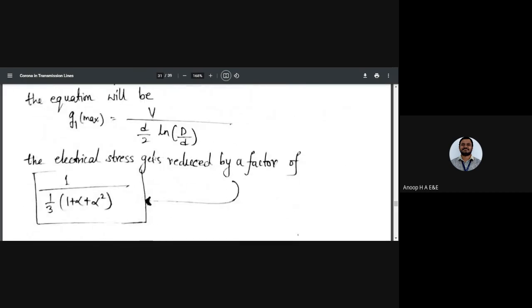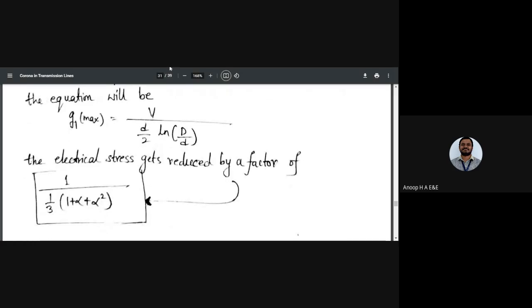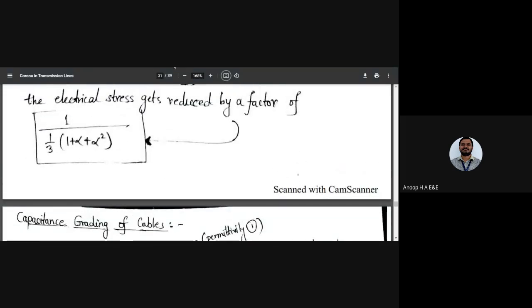If the intersheaths are not used, G1 max will be equal to V divided by d by 2 ln of capital D by d, and the electrical stress is reduced by a factor of 1 divided by one third of 1 plus alpha squared. So that is the reduction factor.